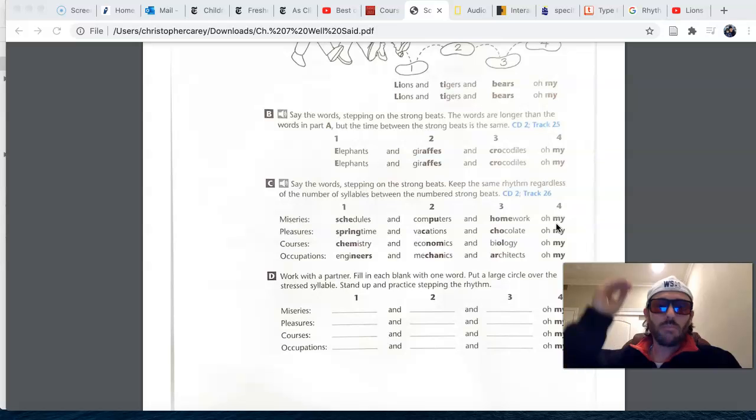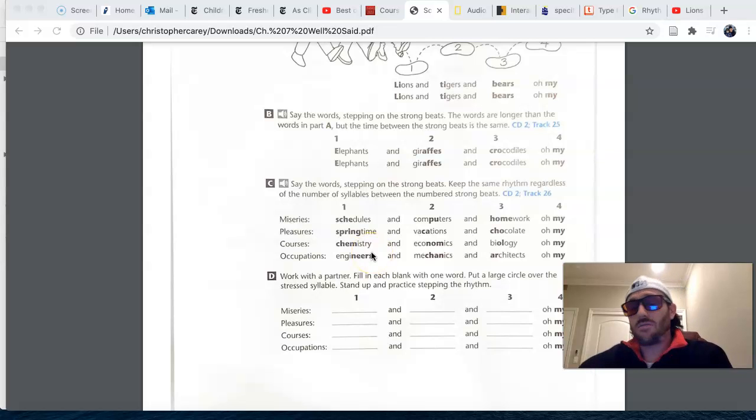This ba ba ba ba ba rhythm is constant, right? Because you still have the same order of content words, even though you're replacing them with content words that have a different amount of syllables.